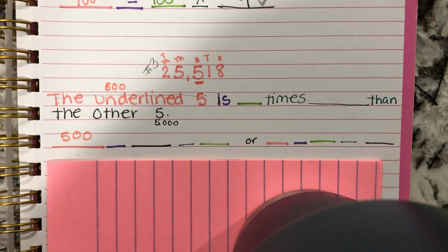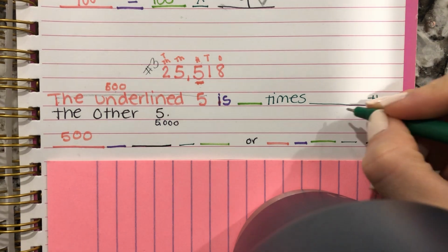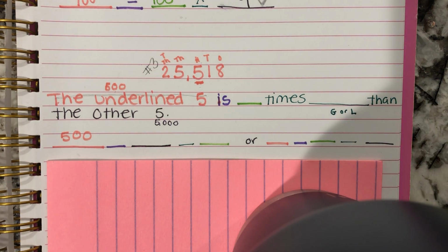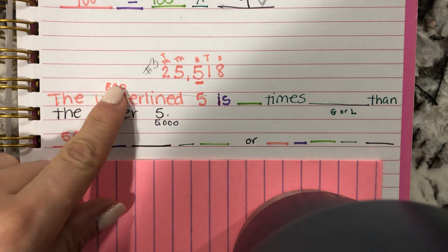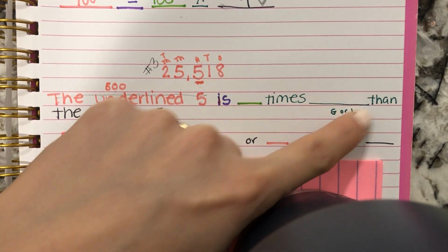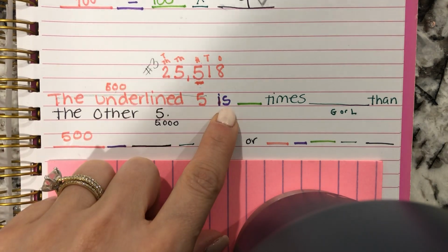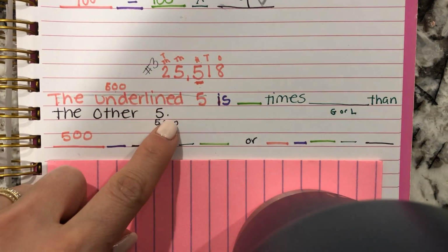Okay, so now let's see if it's a little bit easier to fill in our second blank, the greater than or less than blank, now that I have those words replaced with numbers. The underlined 5 is blank times blanker than the other 5. 500 is blank times greater than 5,000, or 500 is blank times less than 5,000. 500 is greater than 5,000? 500 is less than 5,000?